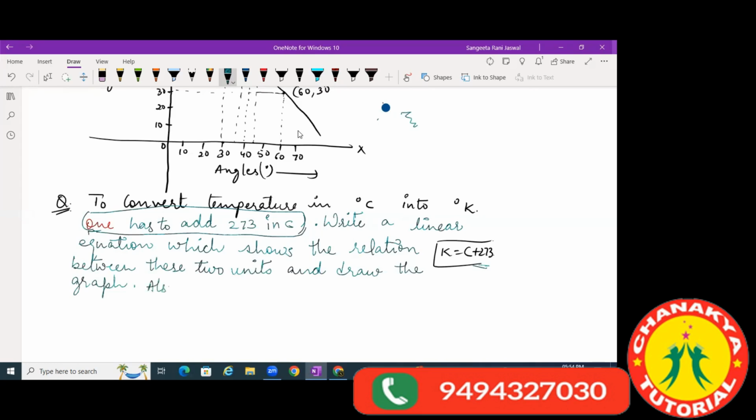One more thing is asked here: also convert 38 degrees Celsius into degree Kelvin.